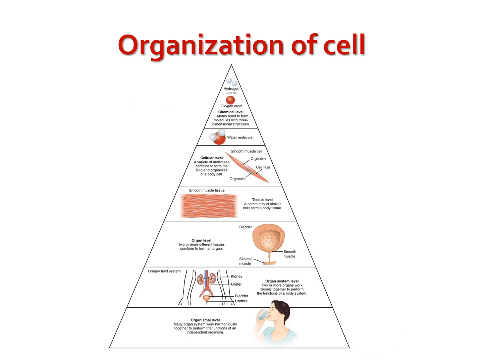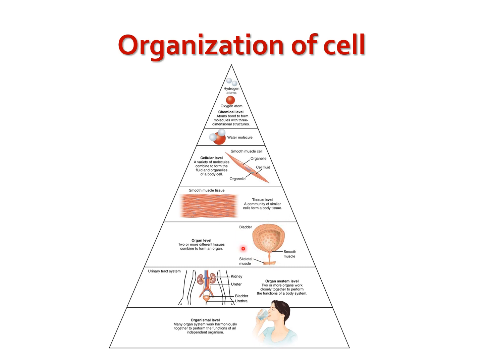So how is the cell organized in our body? There are 100 trillion cells, so how are they arranged? A group of cells forms a tissue. Here we have an example of a smooth muscle cell, and a group of smooth muscle cells together forms smooth muscle tissue, and groups of muscle tissues together form an organ.